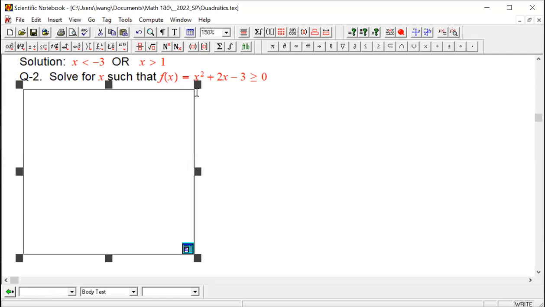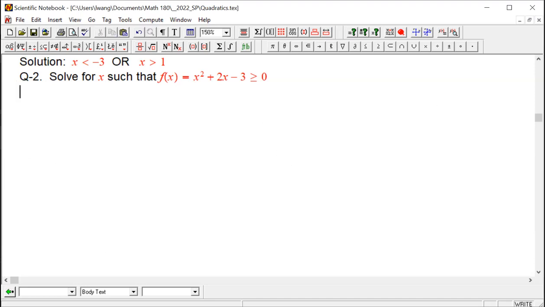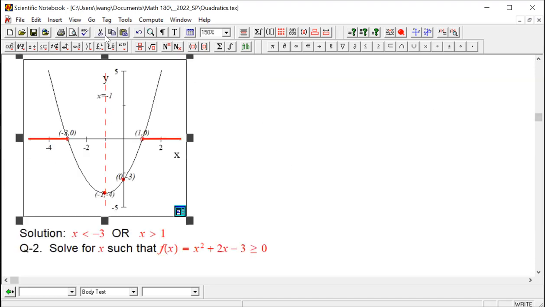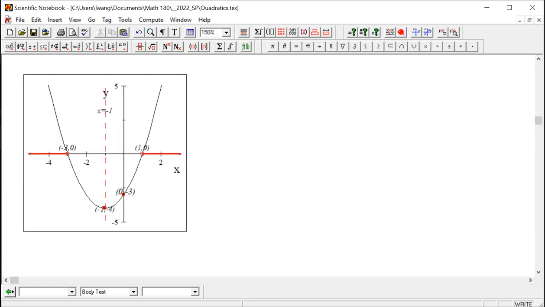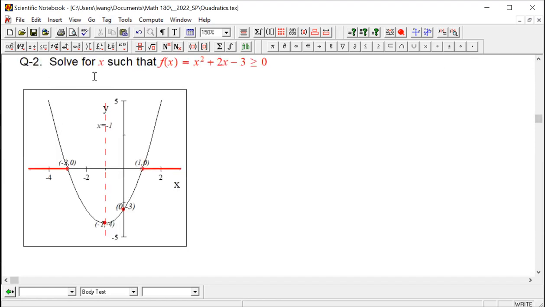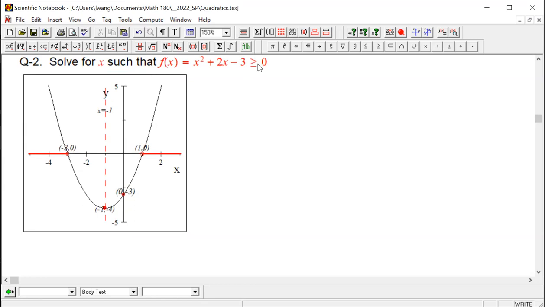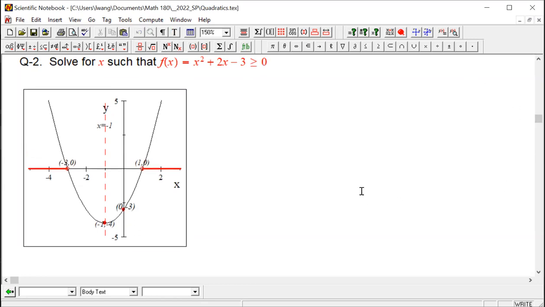Okay, so the solution would be similar, but including the 2 points, because the output may be 0, right? A positive or 0.